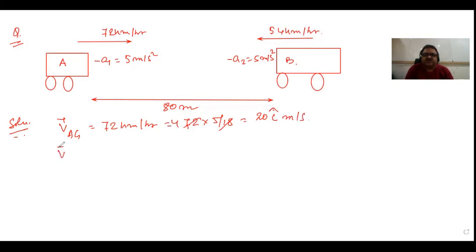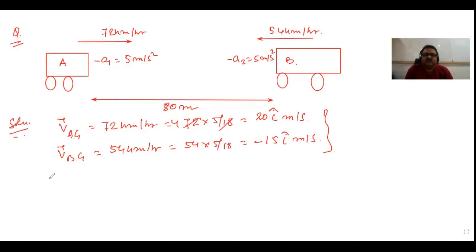What is the velocity of B with respect to ground? That is 54 km per hour. If I do the calculation, 54 into 5 by 18, that is 15, but it is in the opposite direction, so minus 15 i cap meter per second.